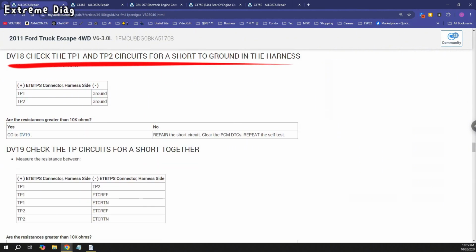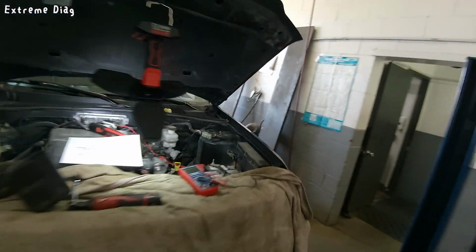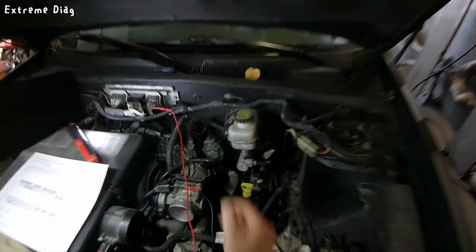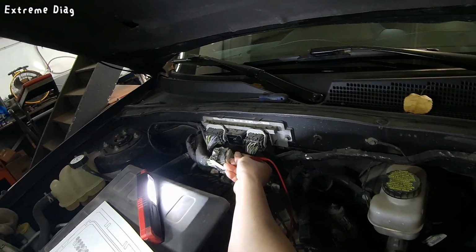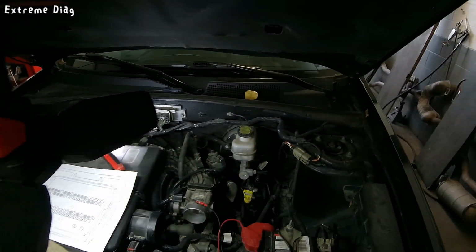DV18 says to check for shorts to ground in the TP1 and TP2 circuits. I'll perform this test at the throttle body connector. Measure resistance between TP1 and TP2 pins and battery ground.